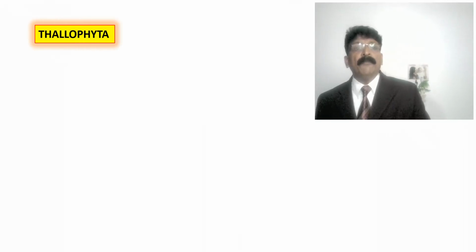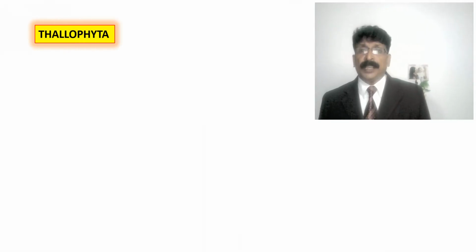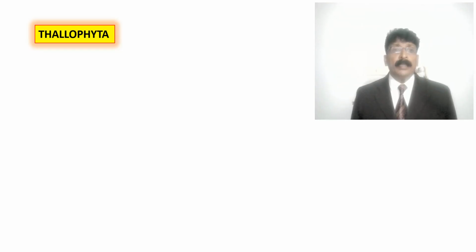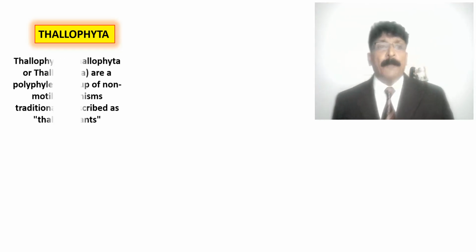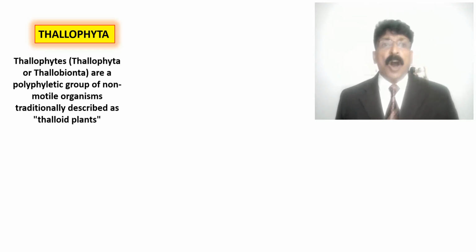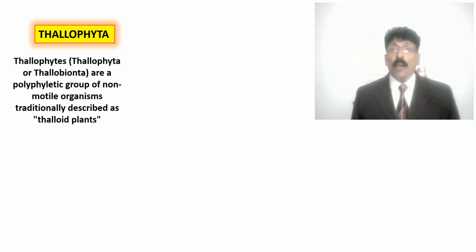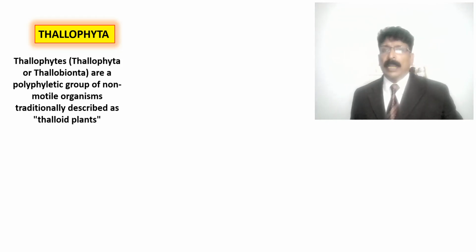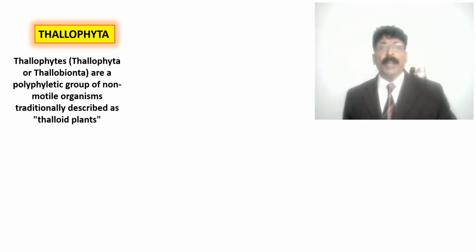And when we come to this classification, initially from the evolutionary way, the first one is Thallophyta. Thallophytes, or Thallophyta, or Thallobionta, are a polyphyletic group. What do you mean by polyphyletic?